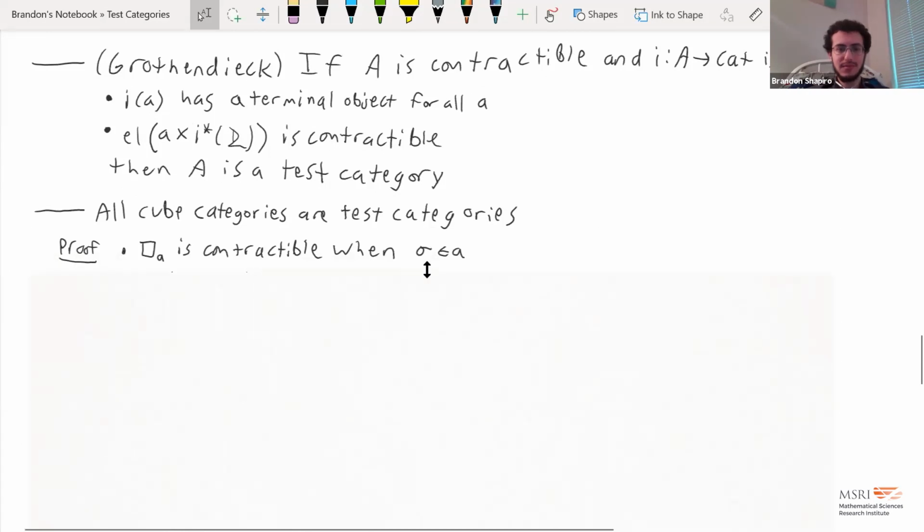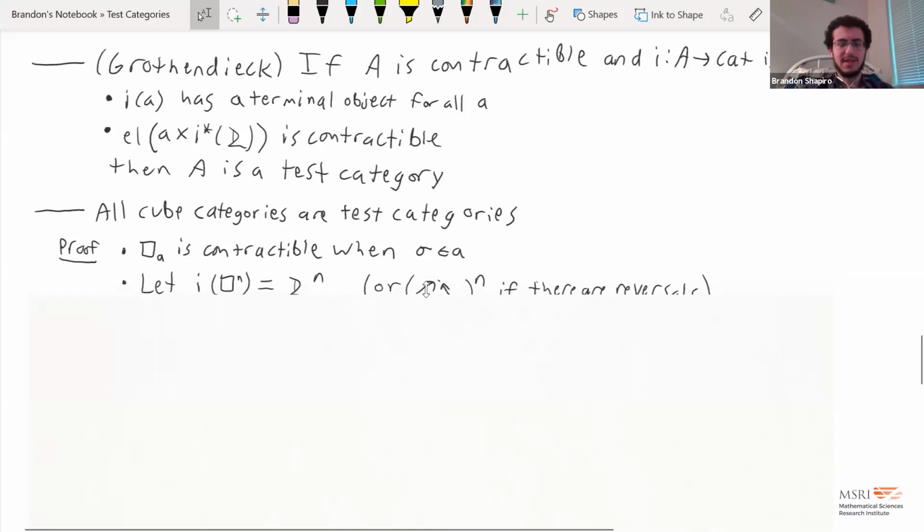So first of all, we're going to show that all of our remaining cube categories are test categories, even if we don't have connections. Though I meant to say with degeneracies, that's important. The semi-cube category is not a test category. So we're going to define a functor from our cube category into Cat that sends the 1-cube to the walking arrow, which is how we tend to think of it, and the n-cube to the n-fold product of the walking arrow.